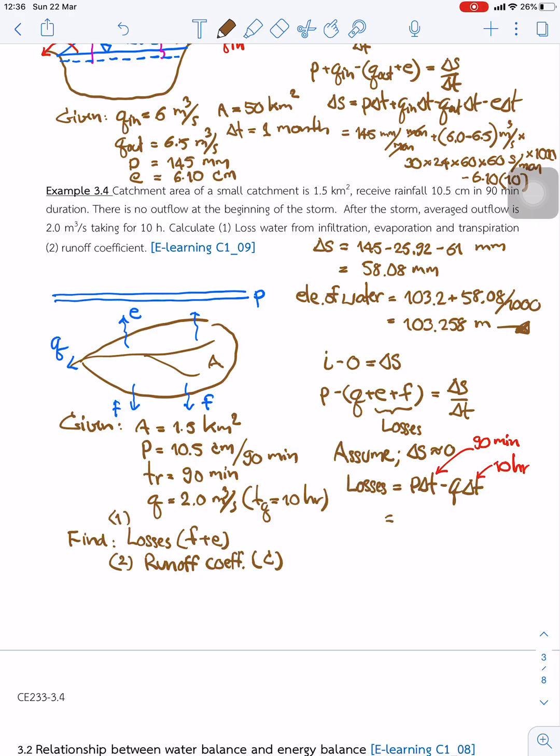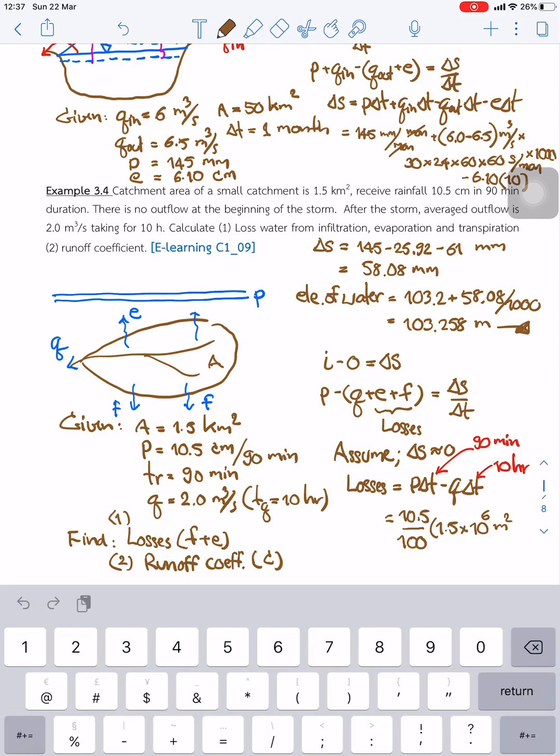Okay, for the rainfall, 10.5, we convert to meter by dividing by 100, and multiply by the area to convert to cubic meter: 10.5 times 10 power 6.